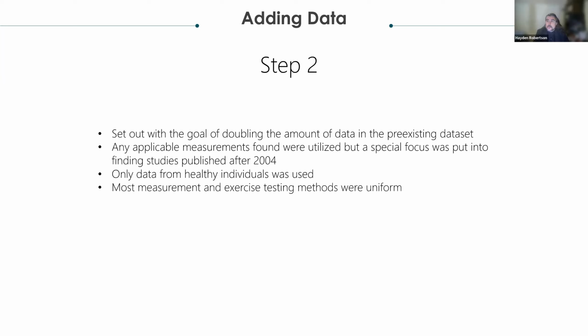I was happy to see that for the most part, measurement and exercise testing methods were pretty uniform. For the vast majority of any kind of respiratory study that I could find, it's treadmills or ergometer cycles. This is the vast majority of it, and most people's methods for doing activity levels were uniform as well. A lot of times what they do is they bring in somebody and then they incrementally have them work up to what they consider to be their peak, or they start experiencing discomfort either from breathing or heart rate or muscle soreness.